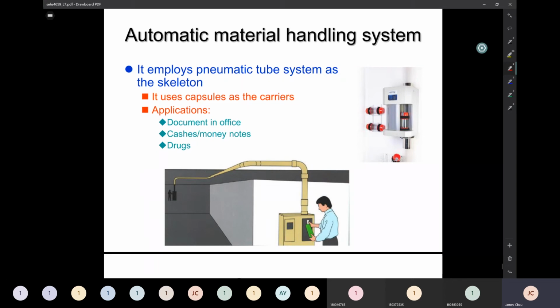Okay, and inside the capsule, you may have some documents, cash, drugs, etc. Because they are light in weight, they can travel through the pneumatic tube to different positions of the building.